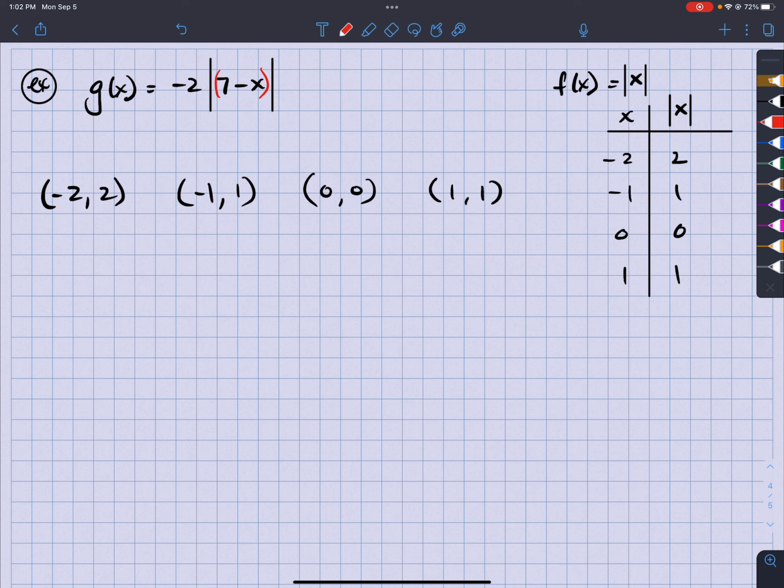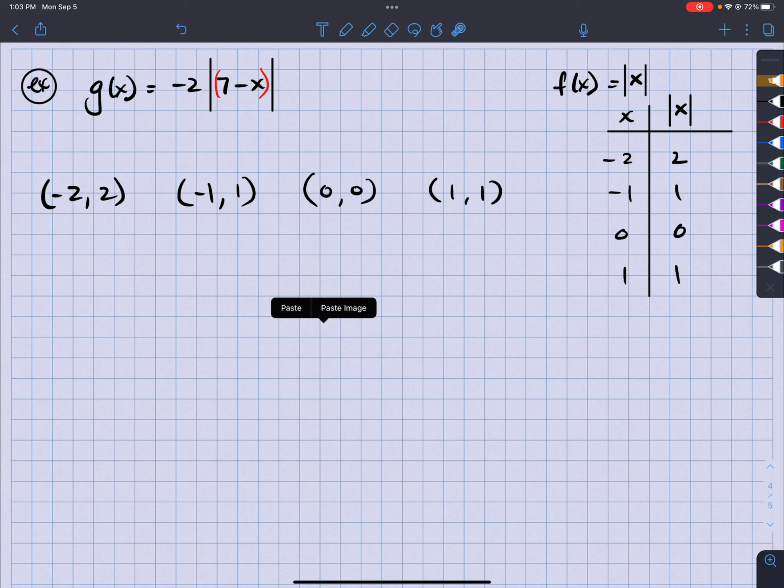Inside the parentheses, however, everything's backwards, including the order of operations and the operations themselves. So if I had to start the order of operations backwards, what is this actually doing? Here might be a good idea for you guys, because the first thing you're going to say is, well, that means we have to subtract x first.